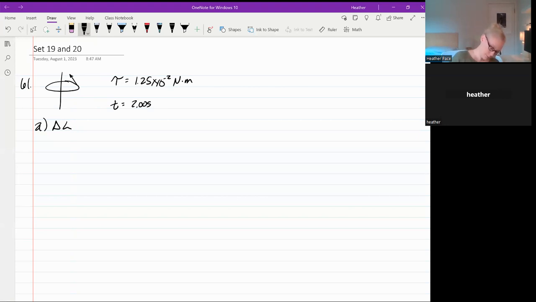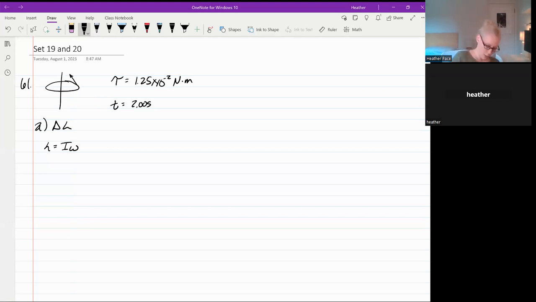We know L equals I omega, where L is angular momentum, I is the moment of inertia, omega is the angular velocity.